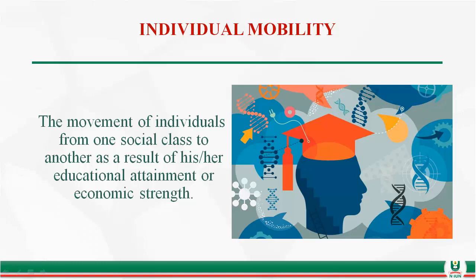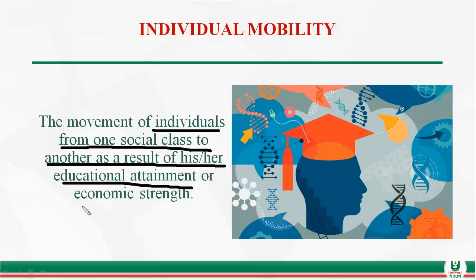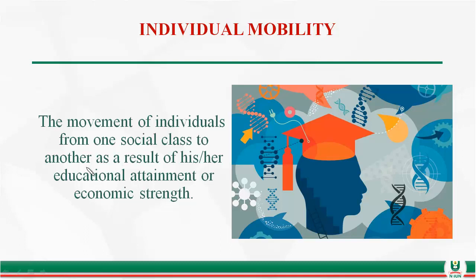Individual mobility has to do with the movement of individuals from one social class to another as a result of their educational attainment or economic growth. This is quite simple: based on your educational attainment, you keep moving from one social class to another, or based on the wealth, your economic growth, your economic strength, what you have been able to acquire, your social level tends to change.